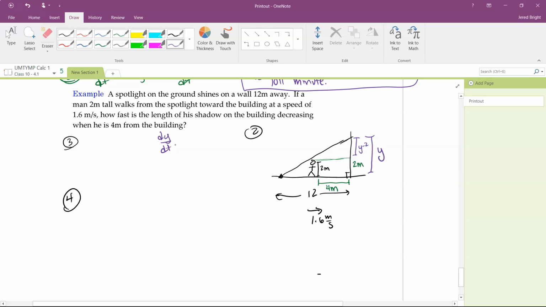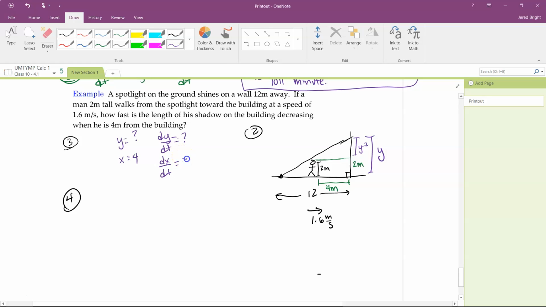So we're interested in this. We don't know what y is. We don't know how tall or how far this shines on the wall yet. We know currently, if we think about x, it is 4, he's currently a distance of 4 away, and we also know his speed: he is moving towards the wall at 1.6 meters per second.